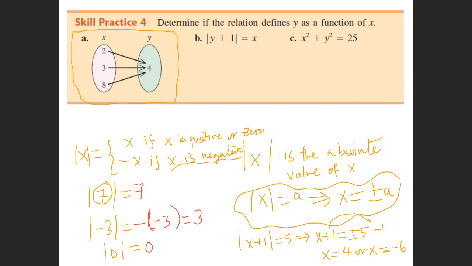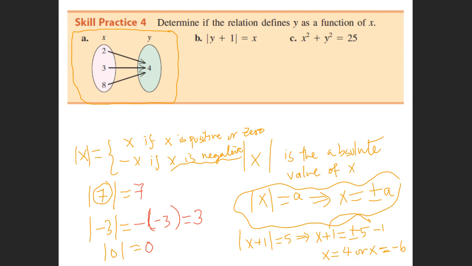Each element in the domain has one and only one image in the range. Does it mean that the first one is a function or not? Thank you, Ahmed. Thank you, Hamdan.